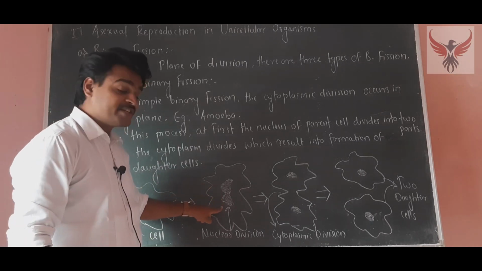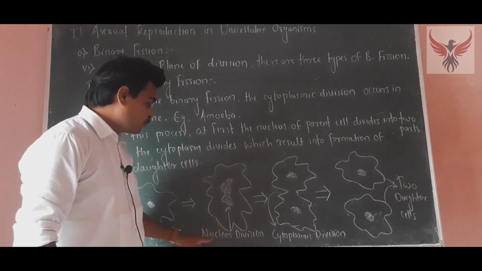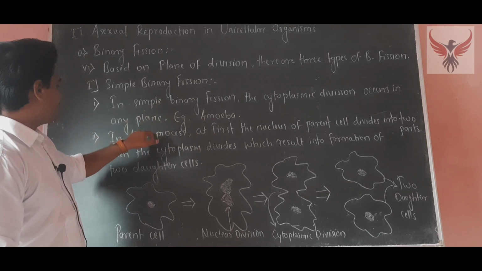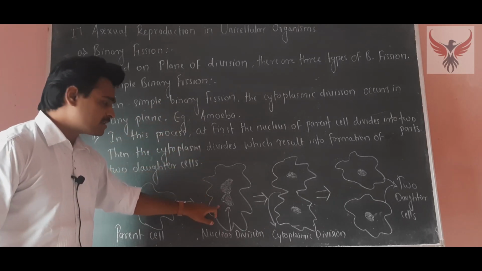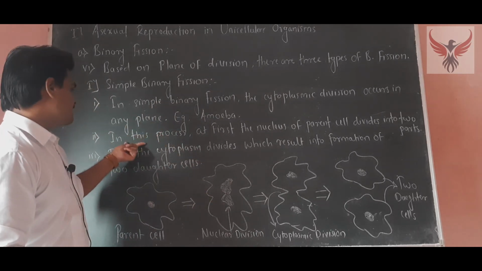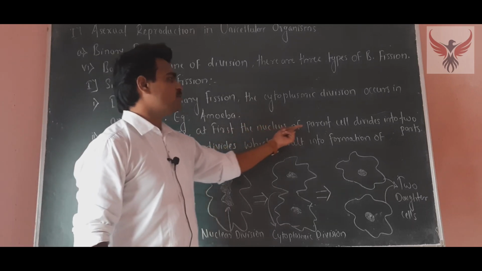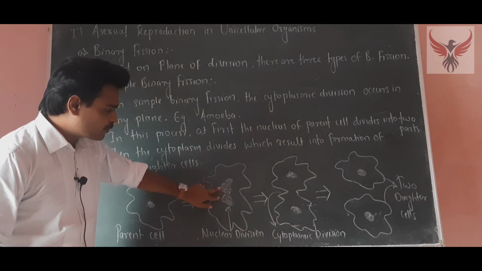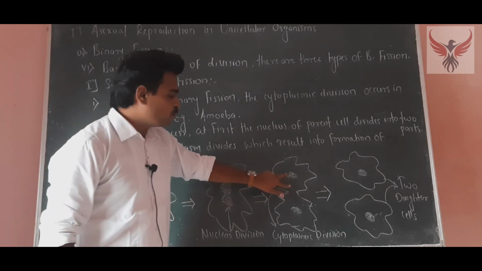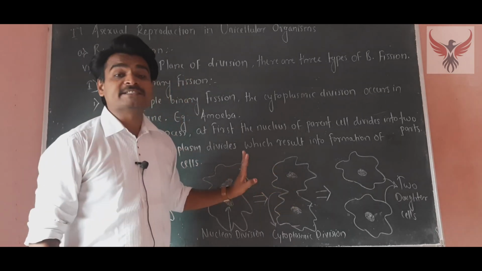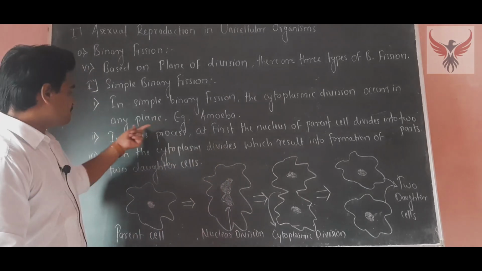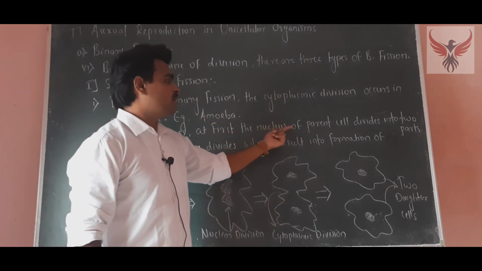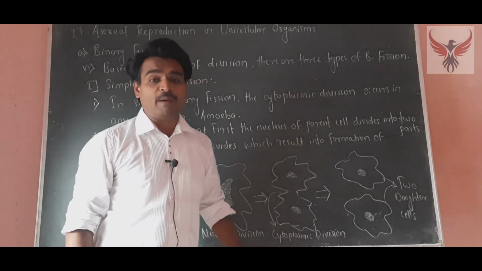In the second stage, there is nuclear division, and here two different nuclei are separated. So the second point explains that at first the nucleus of the parent cell gets divided into two parts.